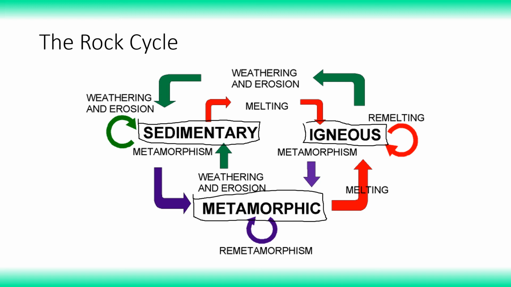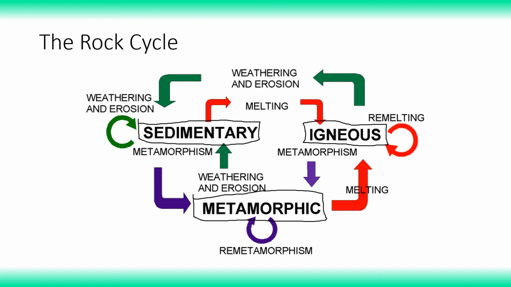So basically, all the red arrows on this diagram are talking about some sort of melting. Implied in that melting, though they haven't written it in here, is that if you have a rock that melts and then cools and crystallizes, it'll form an igneous rock.